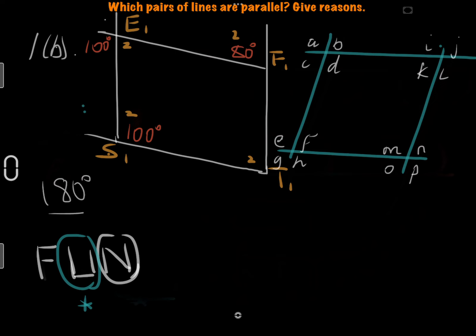That is very important to identify. All supplementary angles add up to 180 degrees, and all complementary angles add up to 90 degrees. But we're not going to look at the complementary angles in this instance. We'll be looking more into the supplementary angles.